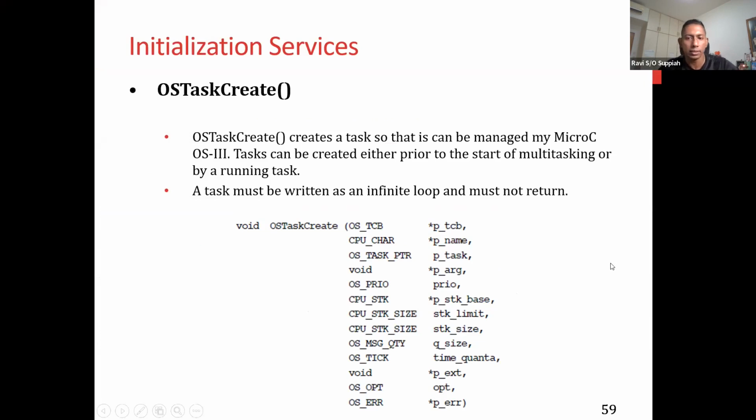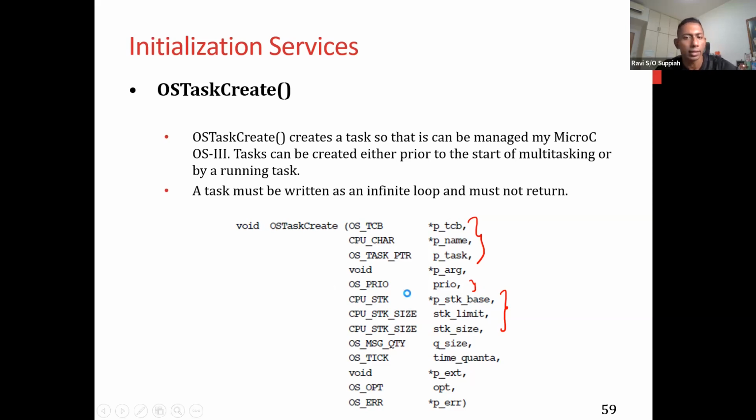What are the important things we need to specify? The three important things are the first three over here, followed by the stack and the priority. When you create your own task for the assignment, you can just copy and paste an existing template and then modify from there.